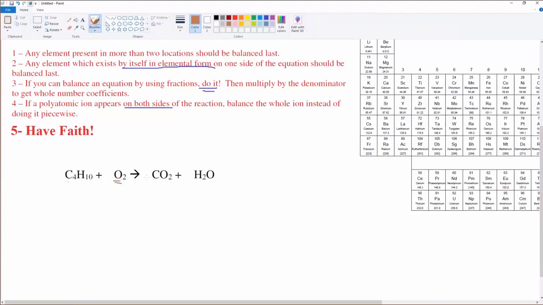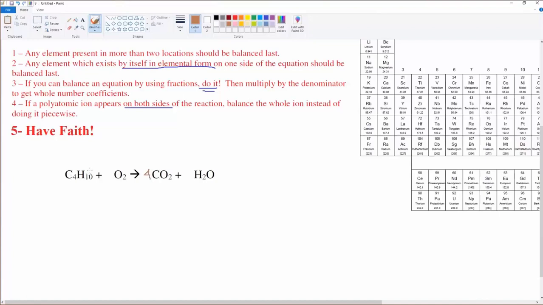Carbons here, carbons here. What do I need in front of the CO2 to balance those carbons? Going to need a 4. Good. A 4 in front of the CO2 will give me 4 carbons on the right, 4 carbons on the left.